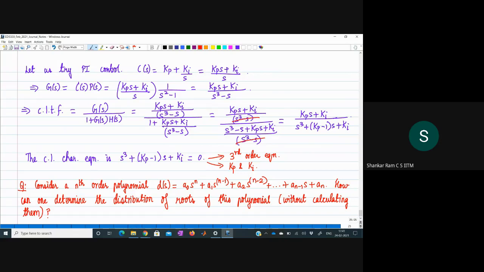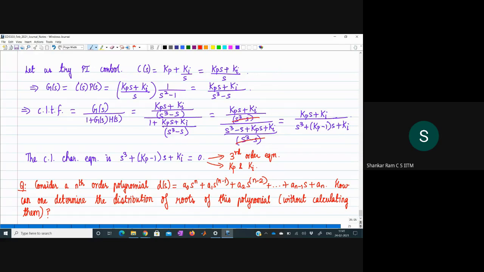Because if we are able to come up with such a method, then we will be able to tell, hey, look, these are the conditions on the controller parameters such that the polynomial will become Hurwitz. So that's something which you and I can readily suggest.